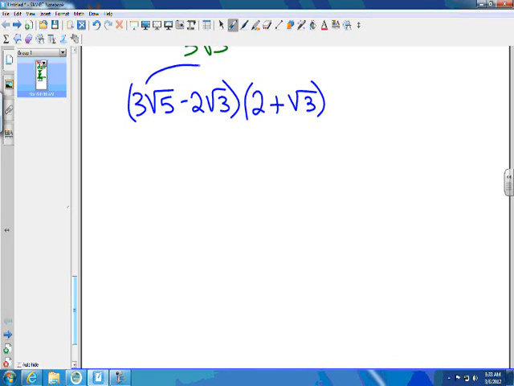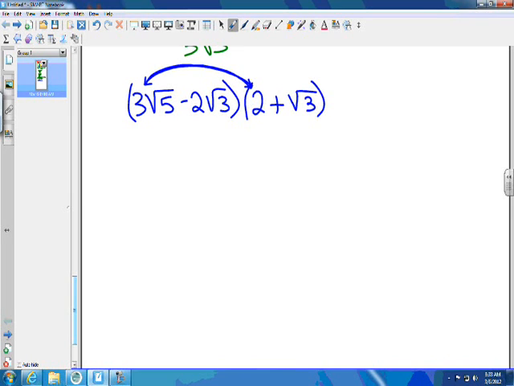FOIL, you multiply the two first numbers. 2 times 3 square root 5 would give you 6 square root 5. So what confuses kids is, what do I multiply here? Do I take 2 times the 5 and get square root of 10? Do I take the 2 times the 3? How do you know which one you're supposed to do?